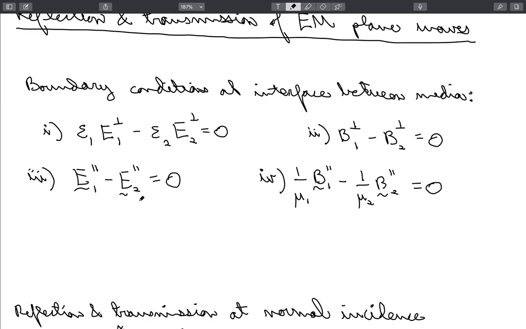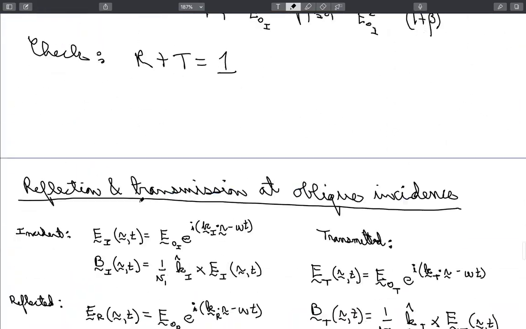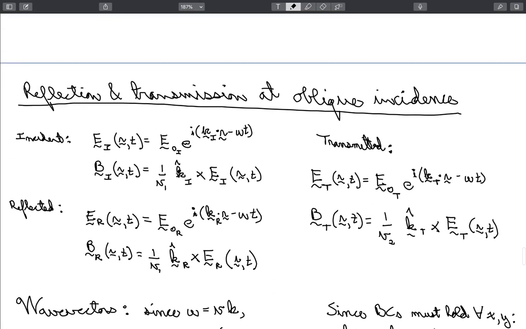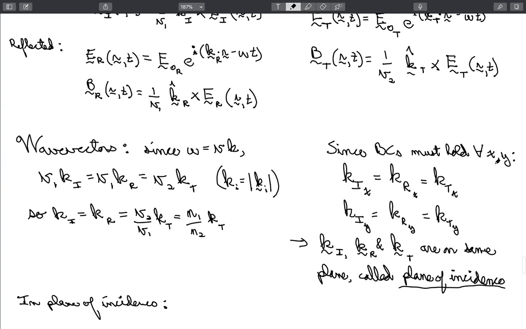And on side 2, it's just the transmitted wave. But if I look at the spatial dependencies that I've defined for these things here, the x and y dependencies have to be the same. So since these boundary conditions must hold for any x and y, I must equate the x and y components of the incident, reflected, and transmitted wave vectors.